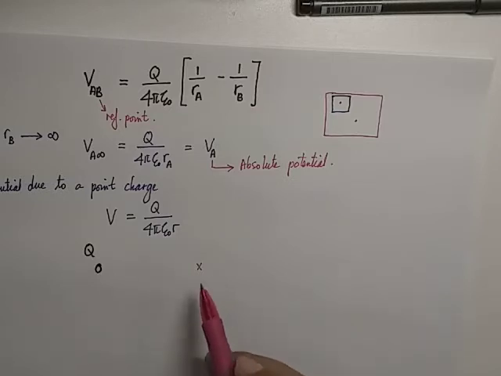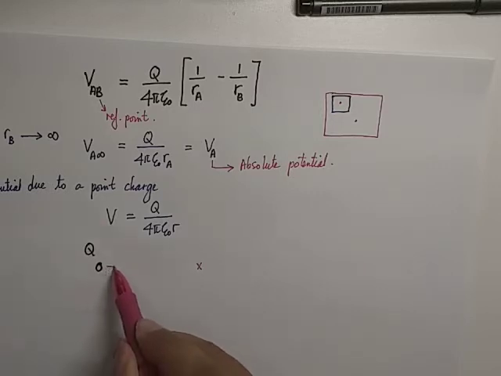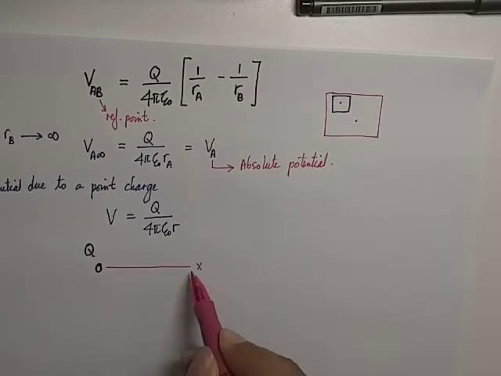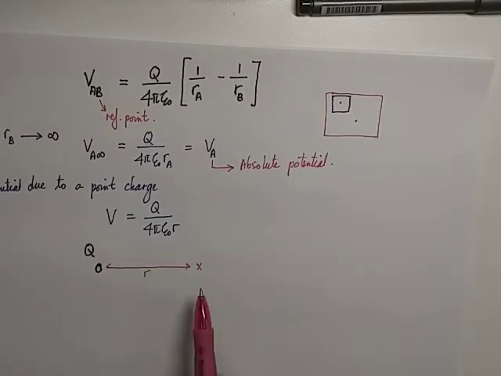So we can find the V here as Q, and the distance here we call R. That's how we can determine the potential from the charge.